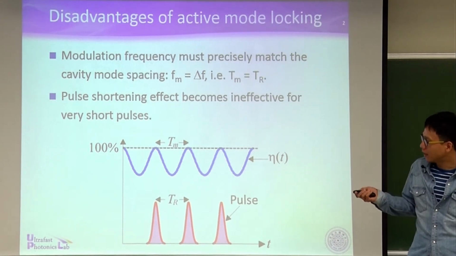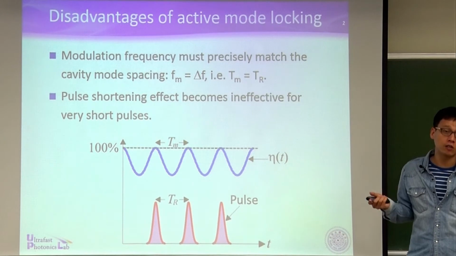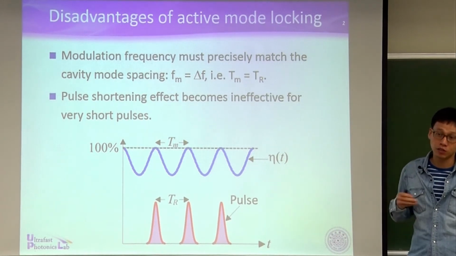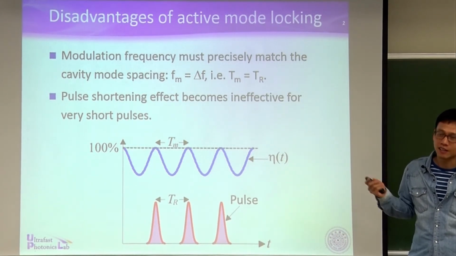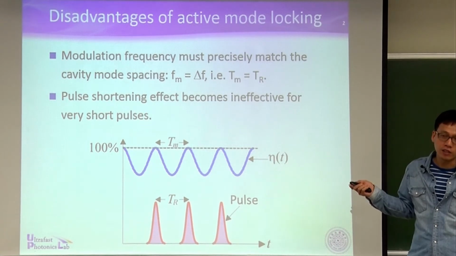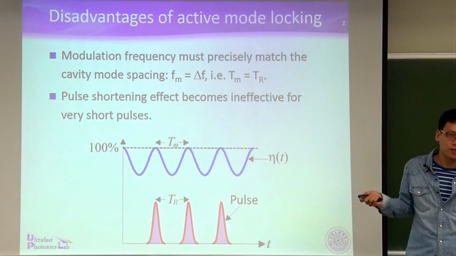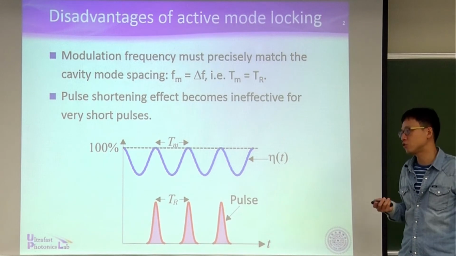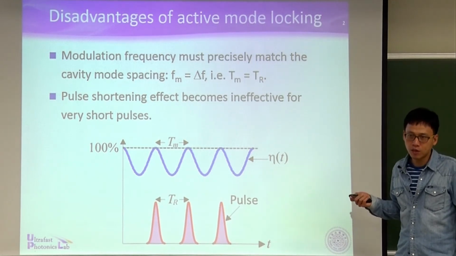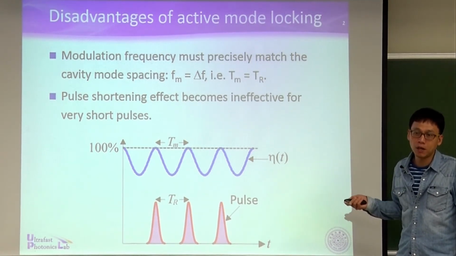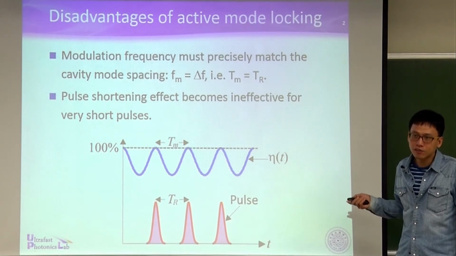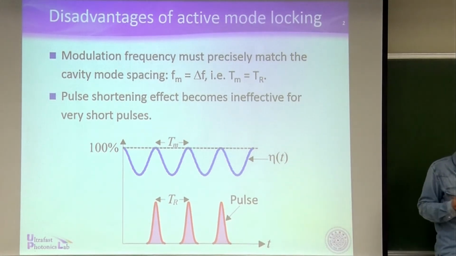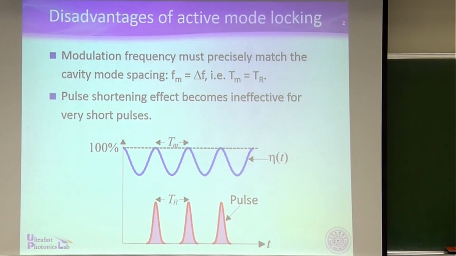Okay? And the blue curve is a fixed curve due to your external modulation. It does not change. Okay? So sooner or later, it becomes ineffective. That's why you cannot generate femtosecond pulses by typical modulator-driven active mode-locked lasers. Okay. So these are the two major disadvantages of active mode-locked lasers.